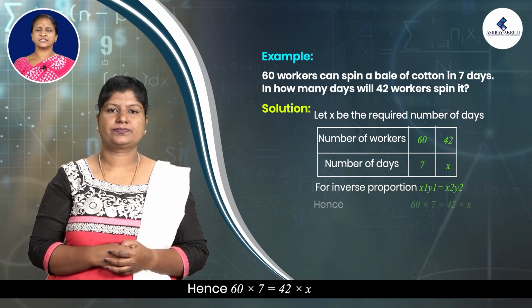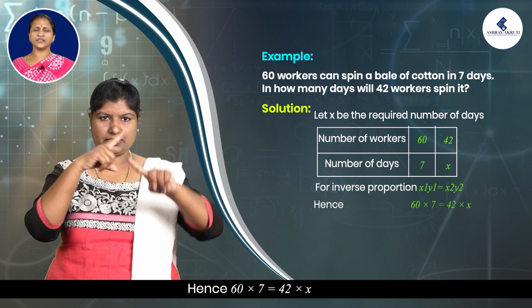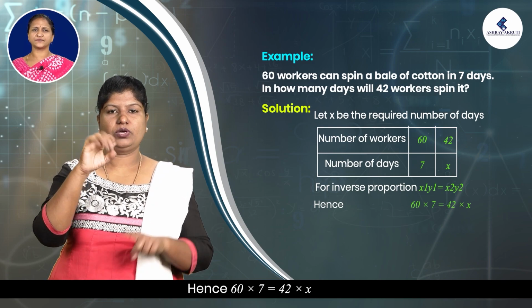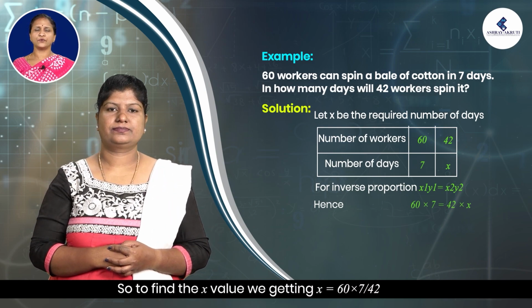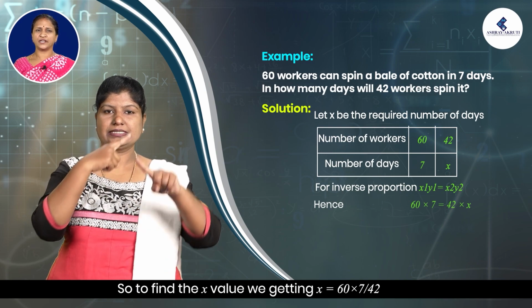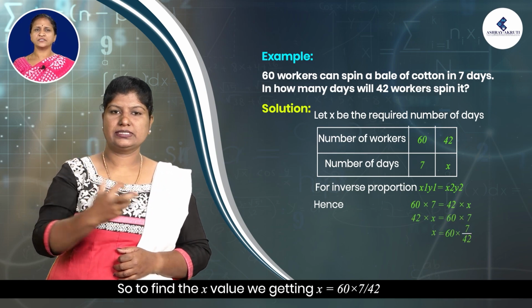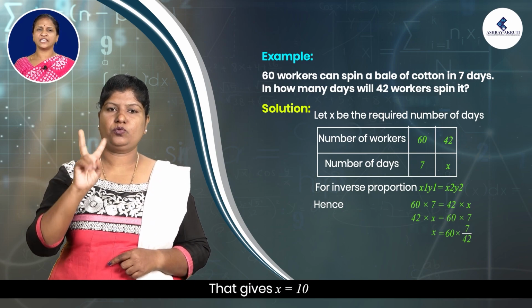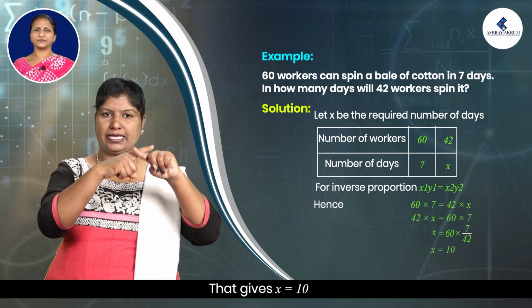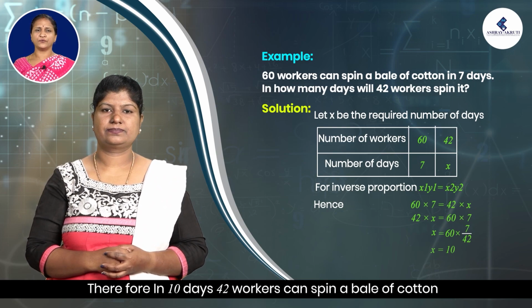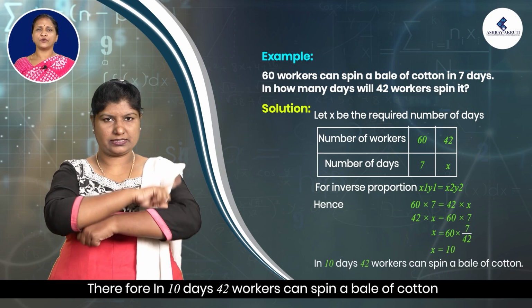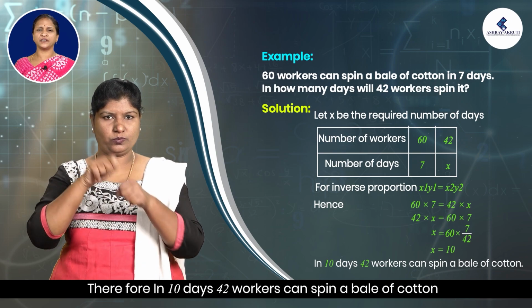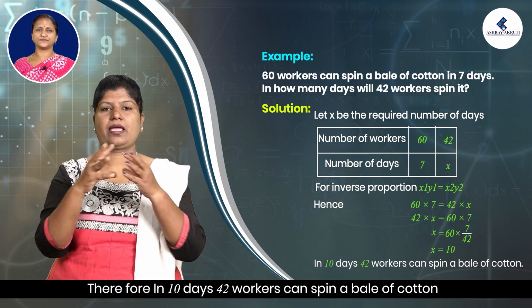Hence, 60 into 7 is equal to 42 into x. So, to find the x value, we are getting x is equal to 60 into 7 by 42. That gives x is equal to 10. Therefore, in 10 days, 42 workers can spin a bale of cotton.